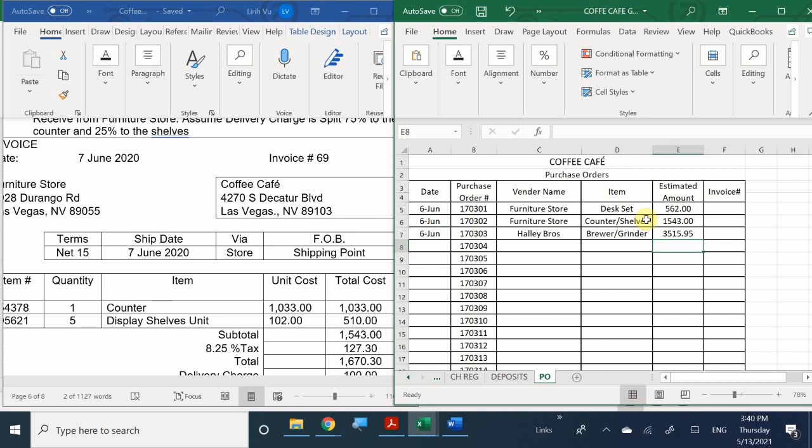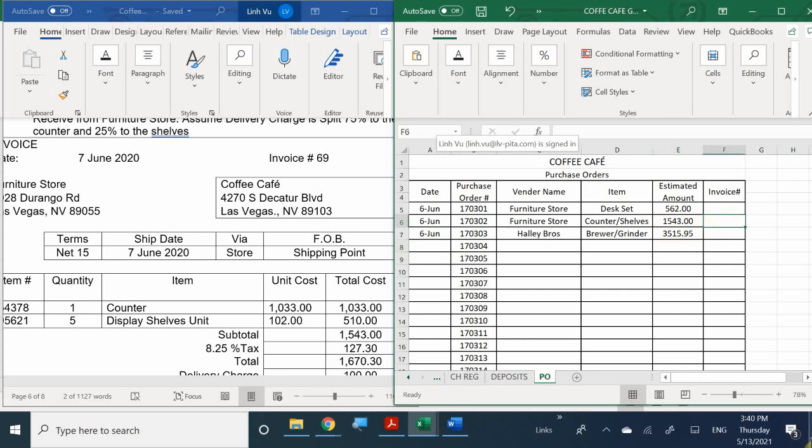That means our first purchase order for the desk set hasn't arrived yet. So at least we can indicate here that we're still waiting for the desk set. However, we can verify and confirm that the counter and the shelves was indeed for the 1543. And yes, we received it.